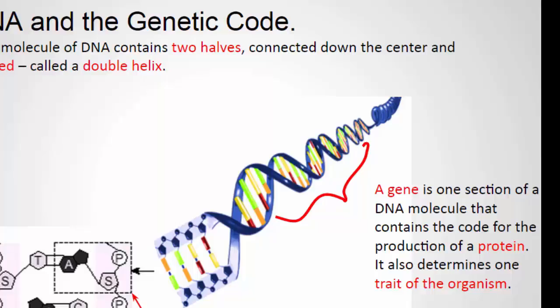A single sentence in that book would be like something called a gene. The genes are the small sections of DNA that contain the code for the production of proteins. And you can also think of it as determining just one trait of the organism. For instance, you might have one gene that tells your cells what color to make your eyes. Or you might have another gene that tells it what color to make your hair.